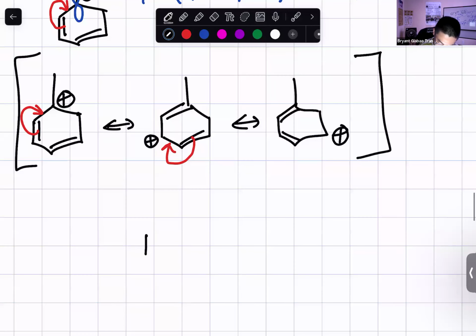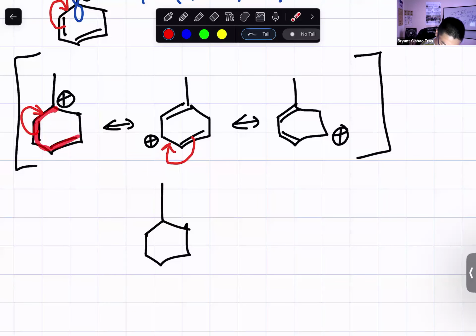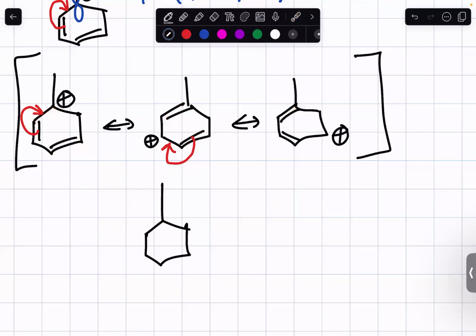And if we were to draw the resonance hybrid, notice how the electrons are flowing in between this portion of the ring, like here. That's where you would put dots around that portion where the electrons are flowing to show the resonance hybrid.